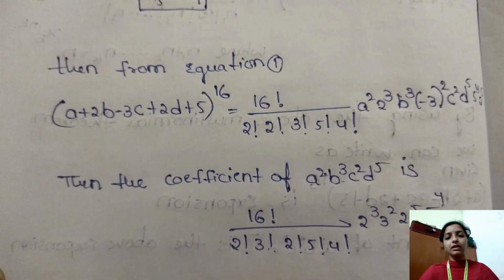Then from equation 1, (a + 2b - 3c + 2d + 5) whole power 16 equals 16 factorial by 2 factorial, 3 factorial, 2 factorial, 5 factorial, 4 factorial, times a square, 2 cube b cube, (-3) whole square c square, d power 5, 5 power 4, 2 power 5. Then the coefficient of a square b cube c square d power 5 is 16 factorial by 2 factorial, 3 factorial, 2 factorial, 5 factorial, 4 factorial, and the coefficients 2 cube, 3 square, 2 power 5 and 5 power 4.